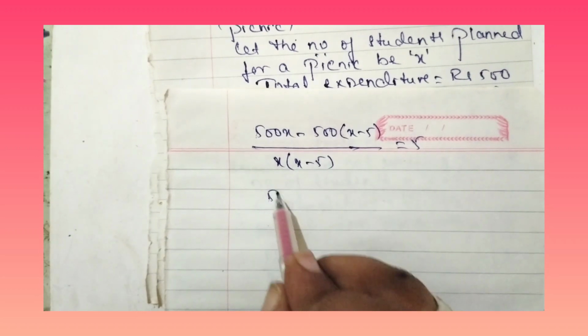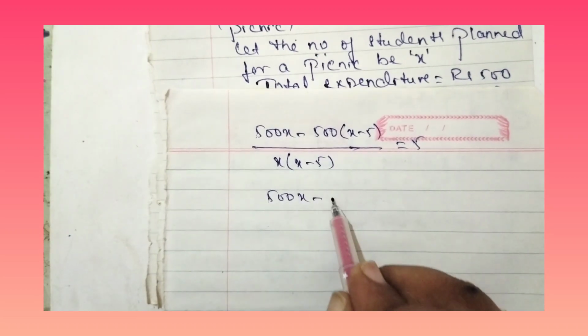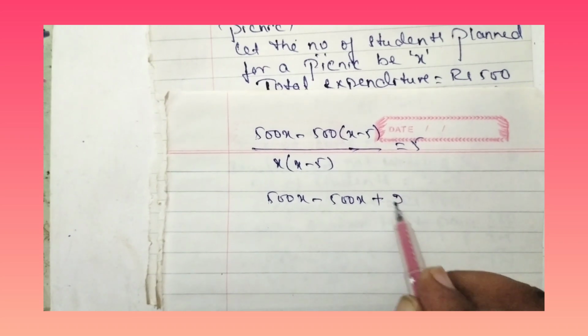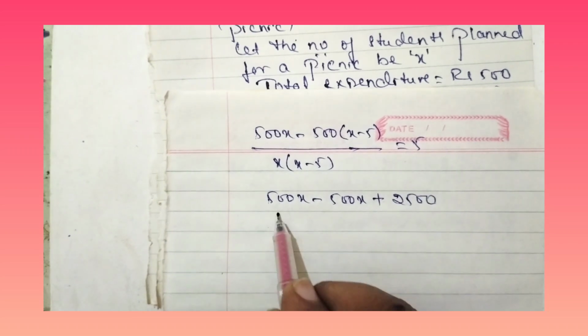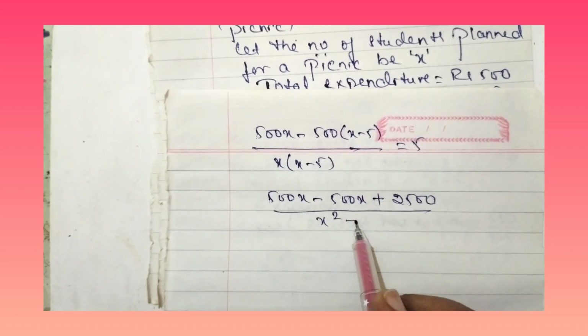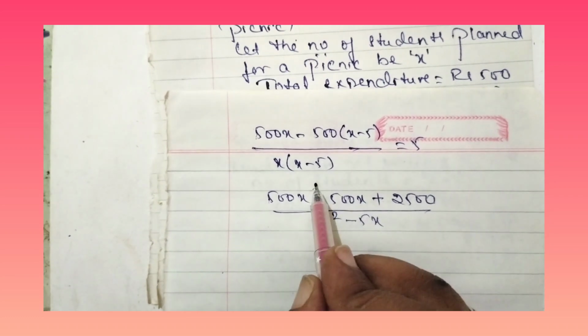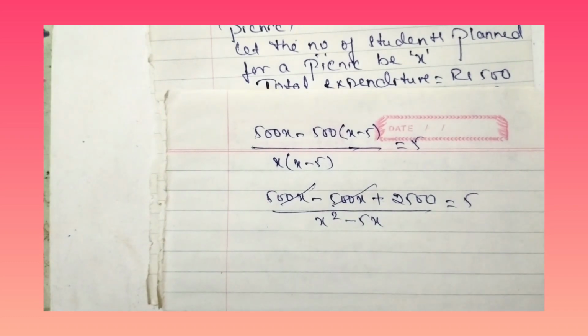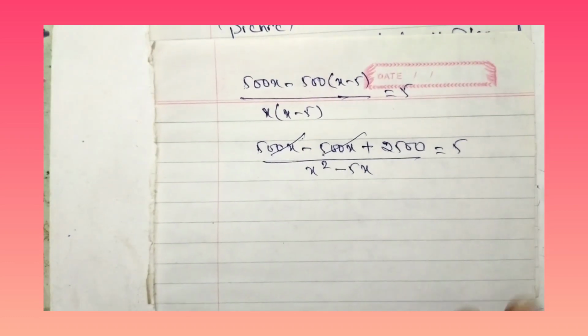So 500x minus 500x, minus into minus plus, 500 fives are 2500, divided by x into x, x square minus x into 5, 5x. The 500x minus 500x will get cancelled. So that is equal to 5.